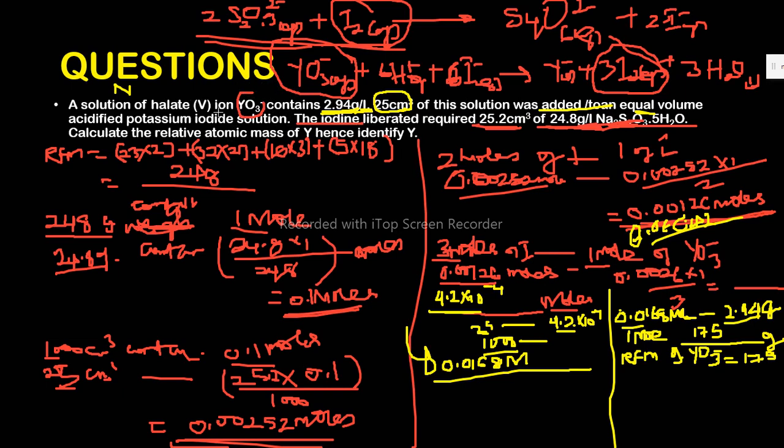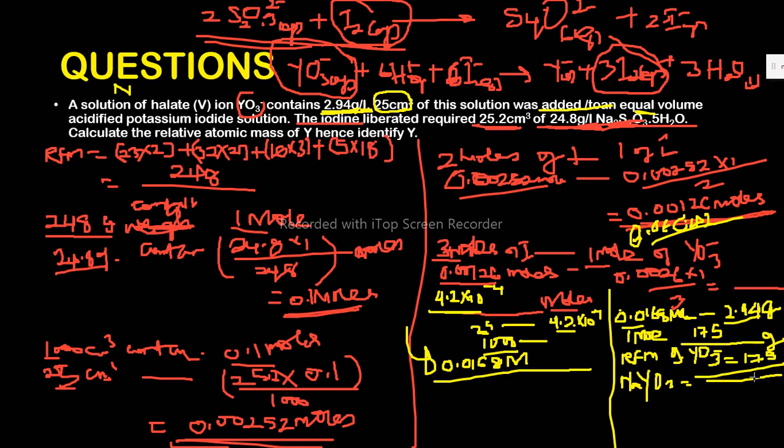So we need that. If let's say it is sodium halide, the RFM is going to be... now where can I write? Because if I rub, everything goes. Let me see. We need this. I think we need 175.